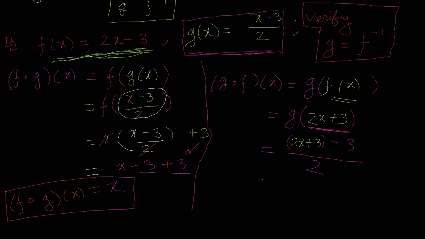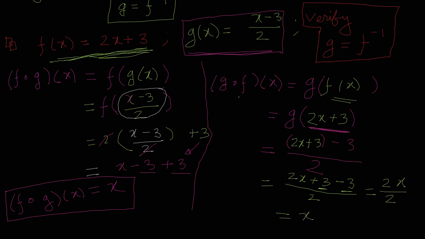Now what I end up with is 2x plus 3 minus 3 over 2. So what I am left with, this plus 3 and this minus 3 cancel out. So I am left with 2x over 2, which is equal to x.